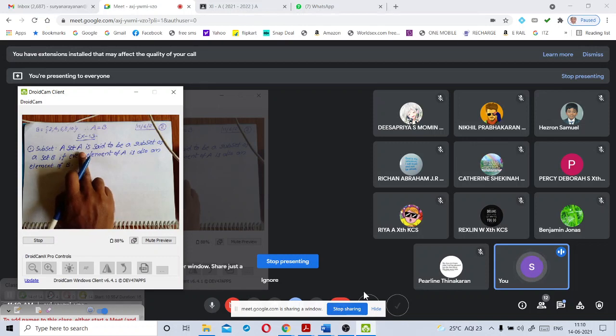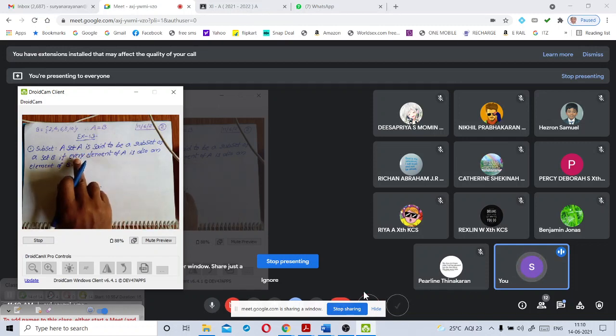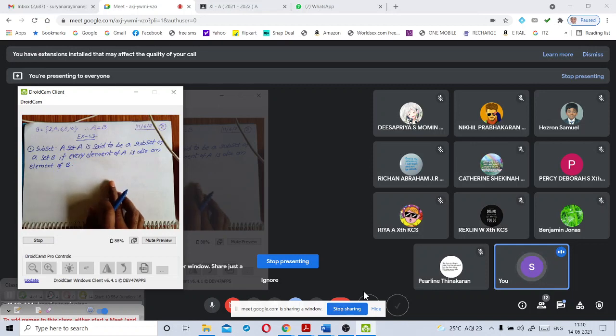If A is a set and B is another set, if we compare the elements of set A with the elements of set B, and every element of set A is also an element of set B, there may be some more elements in set B other than the elements of set A. Then we say that A is a subset of B.